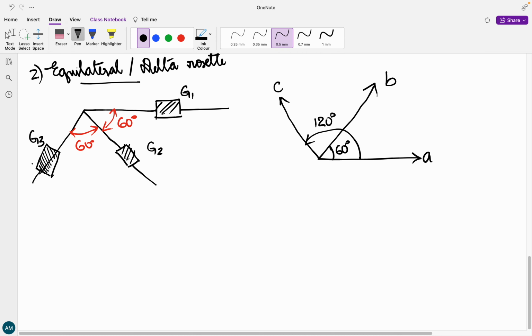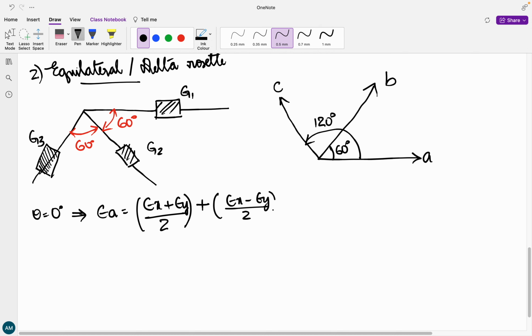So in the same way, if we substitute theta is equal to 0 degree, you will get epsilon A is equal to epsilon x plus epsilon y divided by 2 plus epsilon x minus epsilon y by 2.